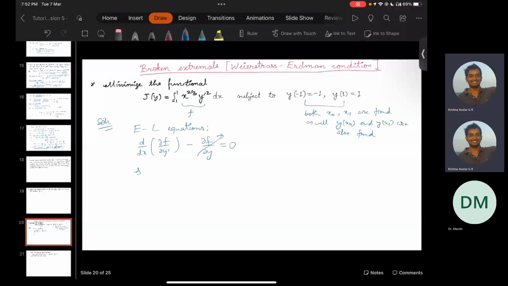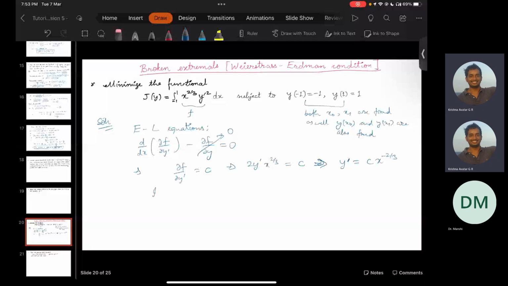Now let's integrate it. We'll have dy is equal to c into x to the power minus 2 by 3 into dx.